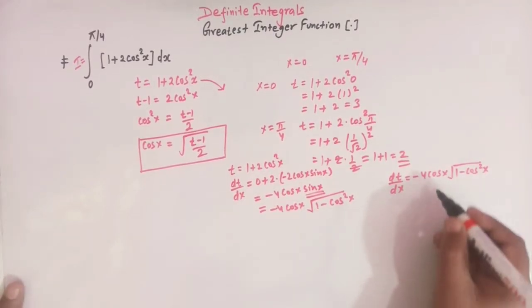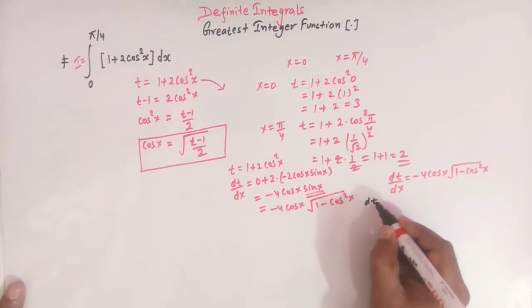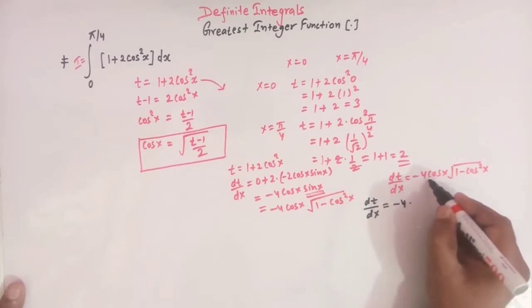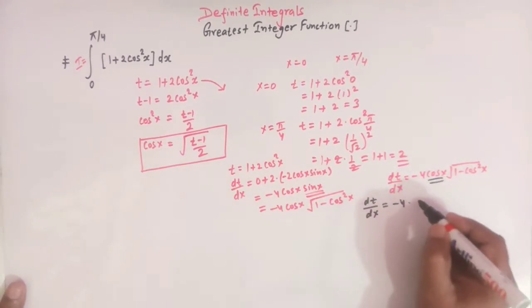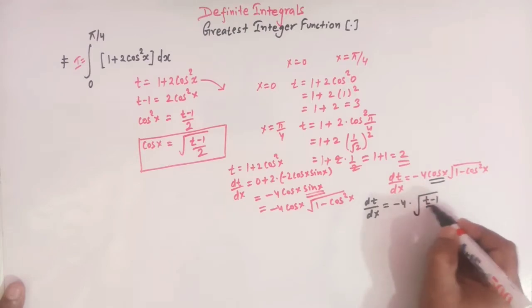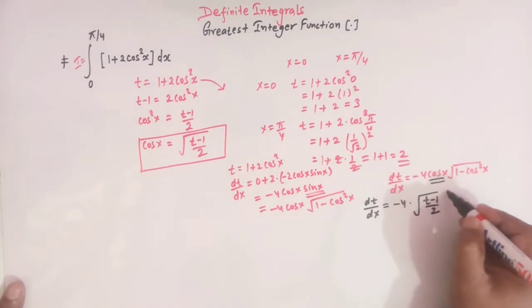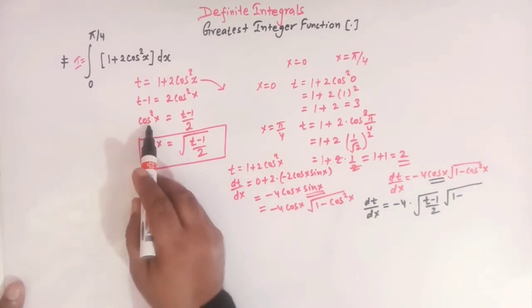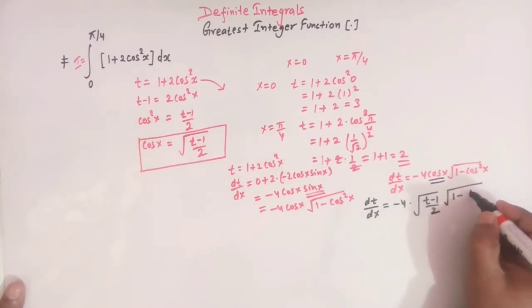Now let us substitute the value of cosine x. For cos x, we have square root of t minus 1 over 2, and for 1 minus cos square x we have 1 minus t minus 1 over 2.